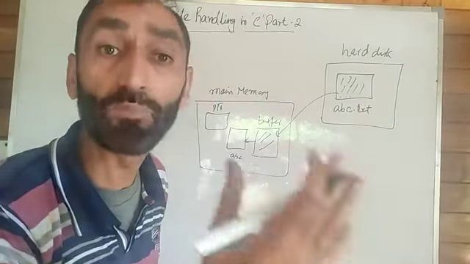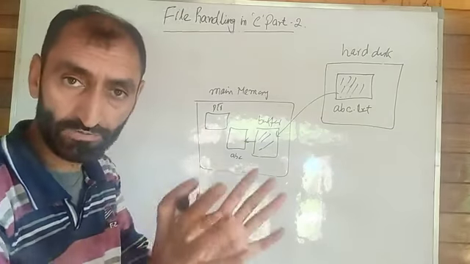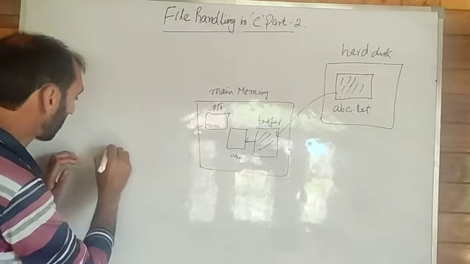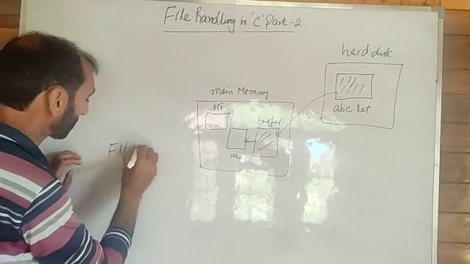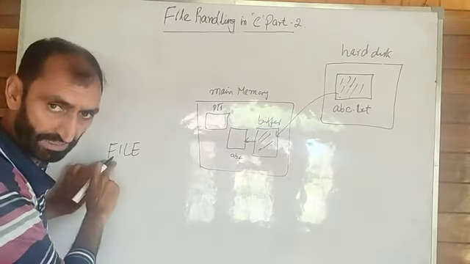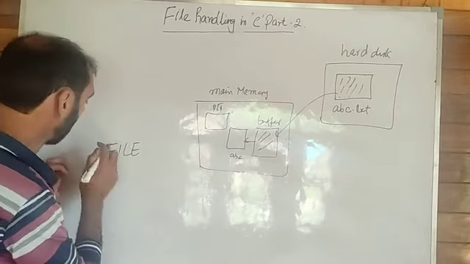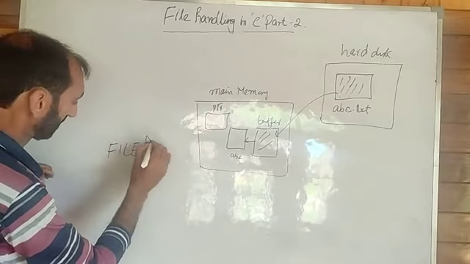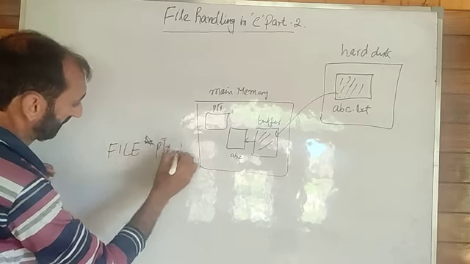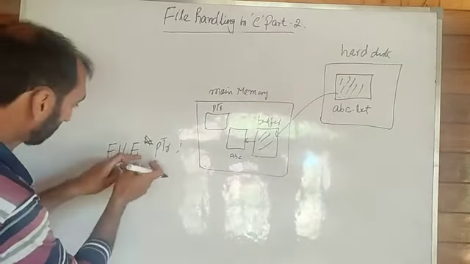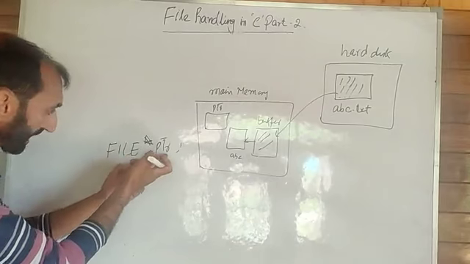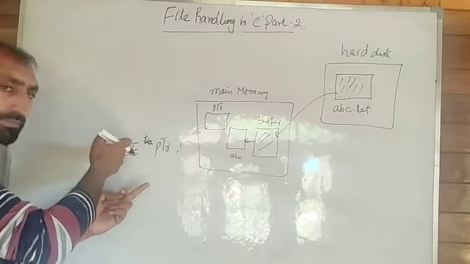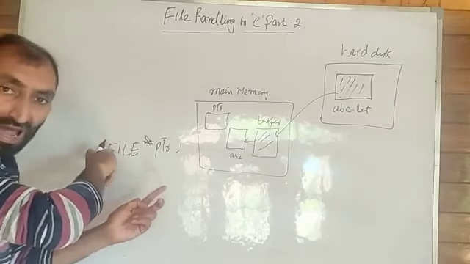But what type of pointer? We must have a pointer of type FILE. We have a data type FILE, and we must have a pointer of this type. That means FILE *ptr. FILE is the data type, and ptr is a pointer that is going to store the address of a variable of type FILE.